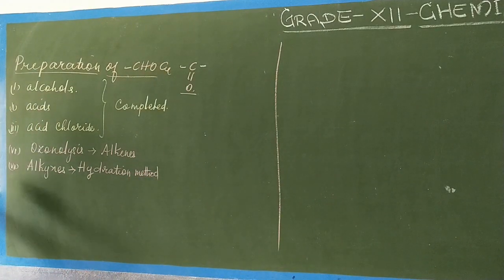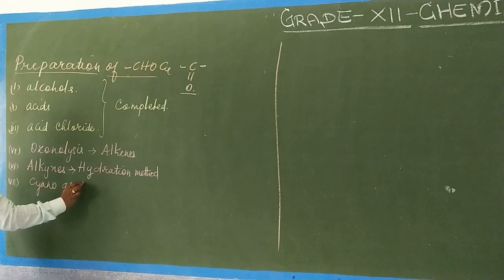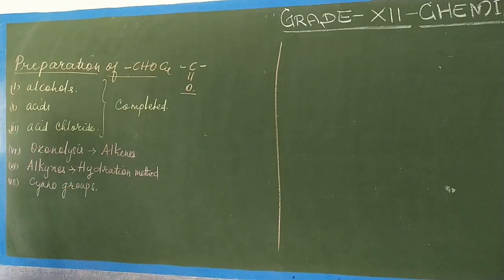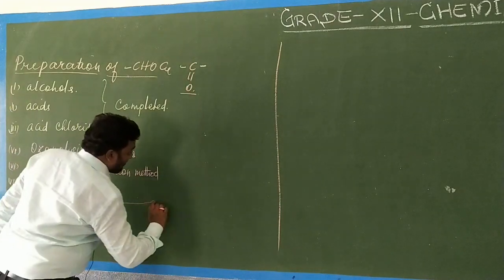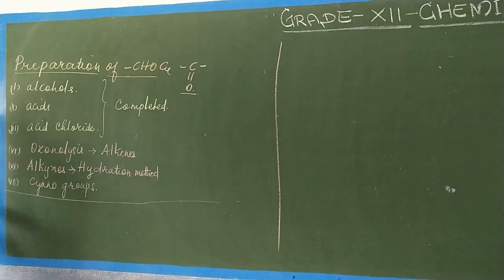Then the sixth method of preparation is by using the cyano groups. Okay, so these are the various preparations of aldehydes and ketones.